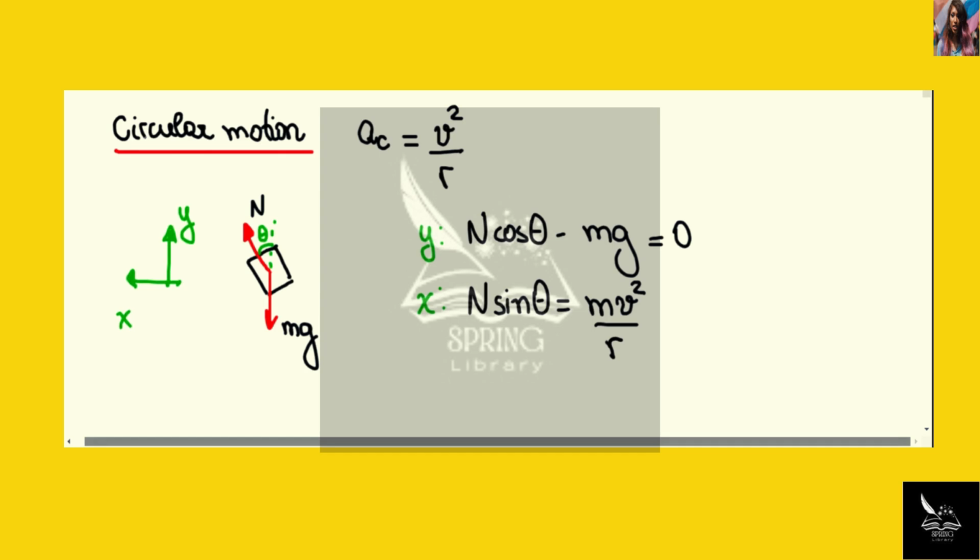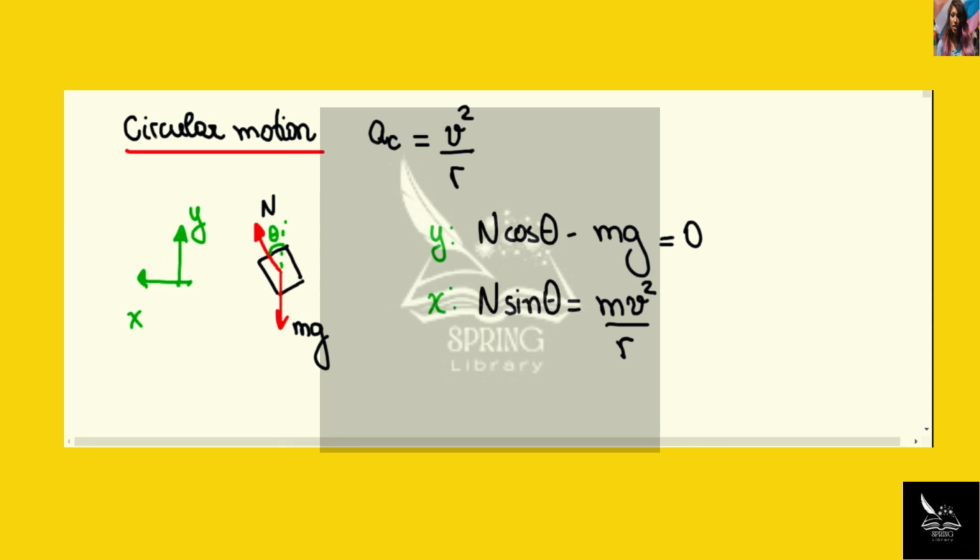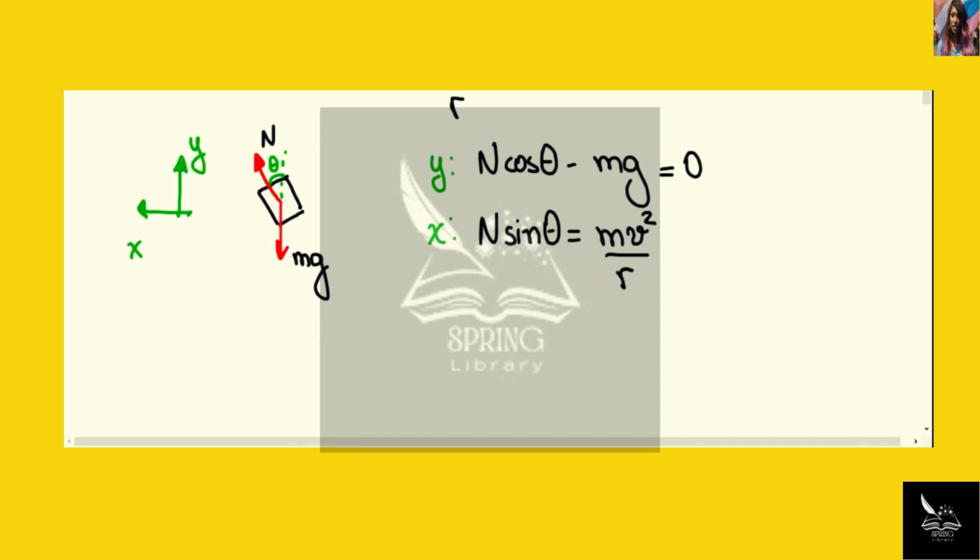So notice that we also don't know the value of the normal force N. So what I'm going to do is to take the first equation for the y coordinate and isolate N. So we obtain N is equal to mg divided by cosine of theta.